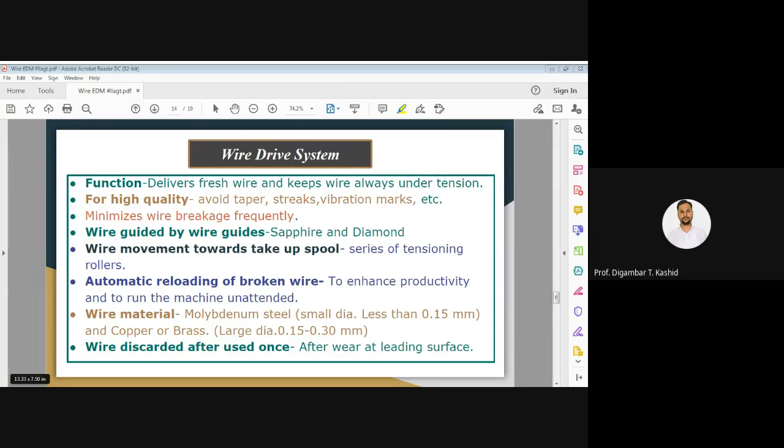And the wire is discarded after use. After wear at the leading surface due to sparking, you have to discard that wire.